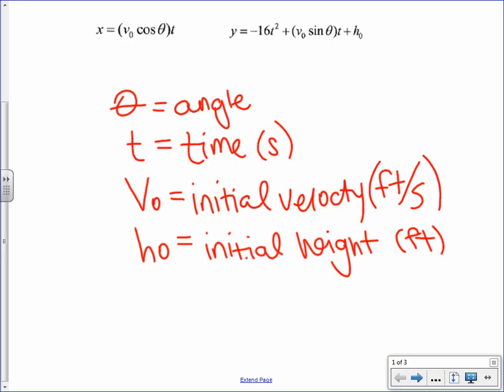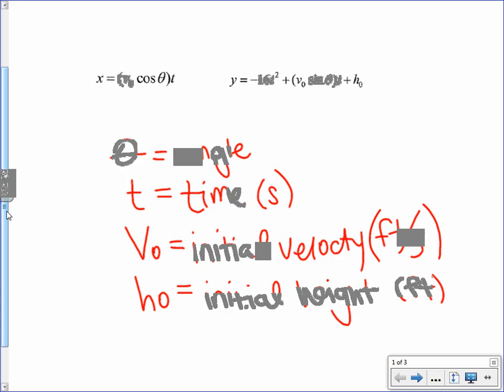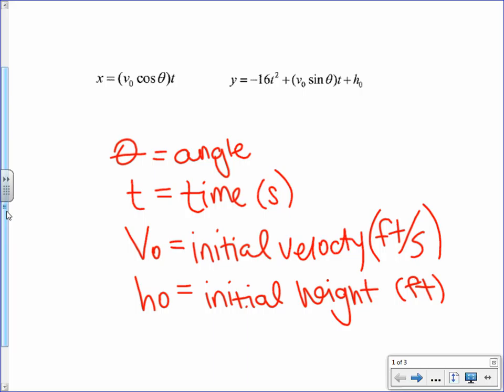A reminder for those of us, we've all seen this notation before that 0 stands for like time is 0. So the velocity when we begin, the height when we begin. Okay. X will describe the horizontal distance our object is traveling in feet. Y will describe the vertical distance our object is traveling in feet.